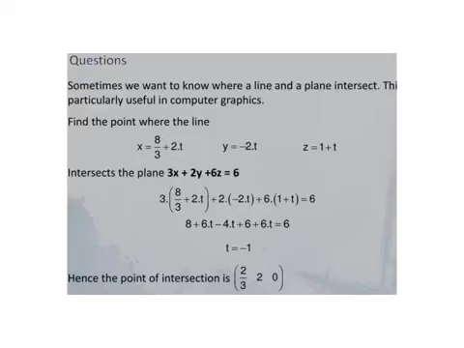That gives t = -1. Now substituting the value of t in the given parametric equations, x = 8/3 + 2(-1), which gives 2/3. Similarly, y = -2(-1), which gives 2, and z = 1 + (-1), which gives 0. Hence, the point of intersection is (2/3, 2, 0).